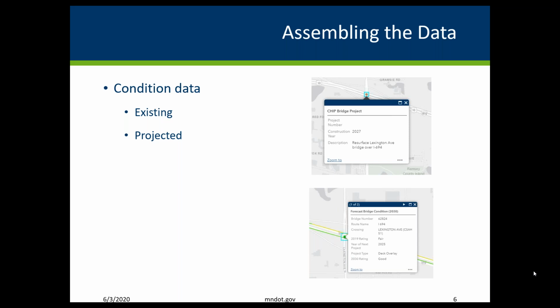So our issue with this is that the CHIP and the STIP information for the projects can come as a service that is updated frequently, whereas the computer model for the pavement predictions might only be run once a year. So we run into this case where the project data may not line up with what our predictions are, because the predictions were made under different assumptions.